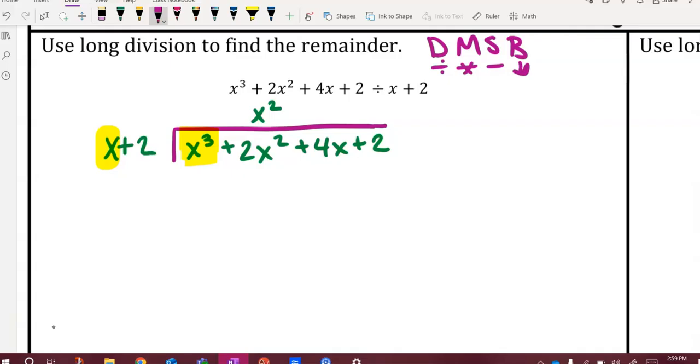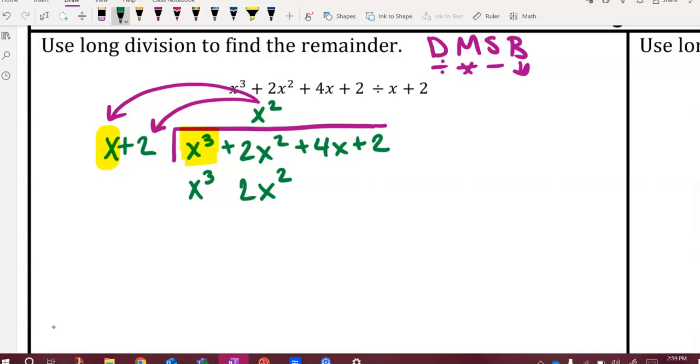Now we are going to multiply. So we're going to take this term and multiply here and here. So let's multiply it first by x squared. x squared times x is x cubed, and x squared times 2 is 2x squared.